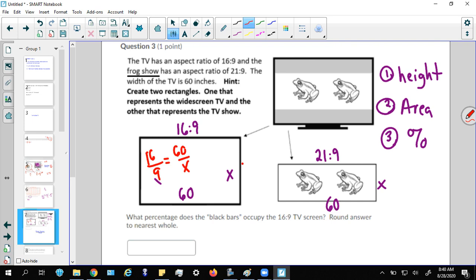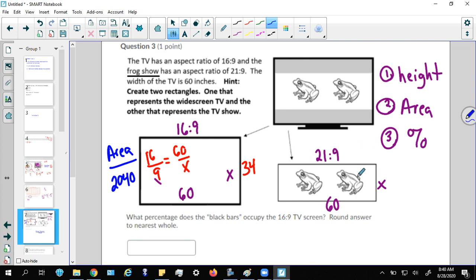I get an overall height of 34. Now, once I get the height, I need to find the area. The area of this rectangle, I'm just going to write off to the side here: 60 times 34 is 2040. That's the area of the TV screen.